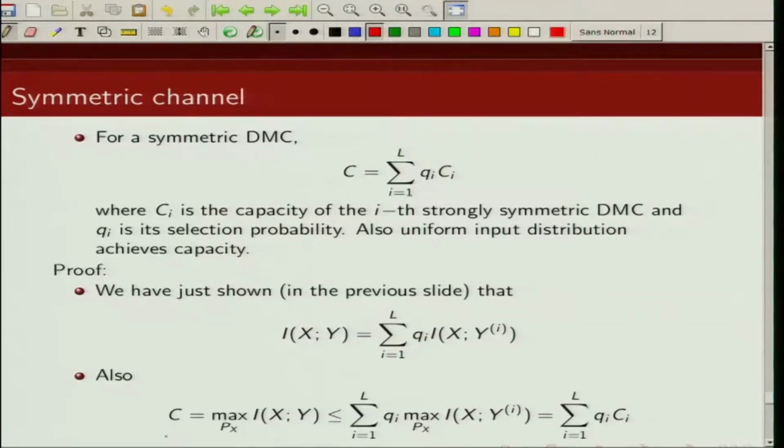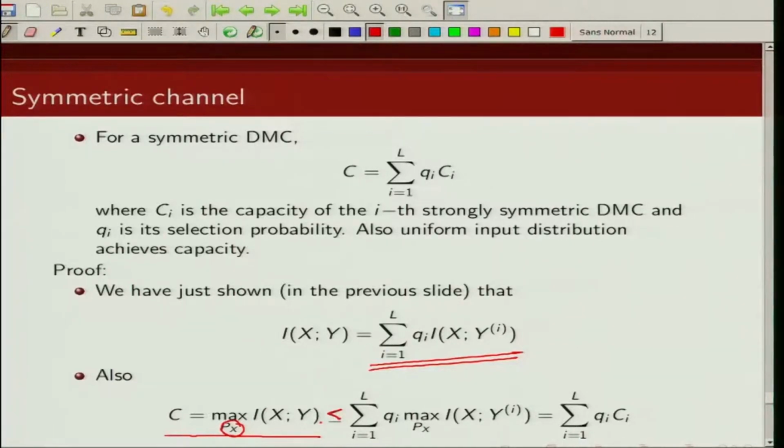Now capacity, as you know, can be given by mutual information between x and y, maximized over all input distributions. Now this is less than or equal to, so I need to find basically Px which will maximize this. So I write it less than or equal to this.